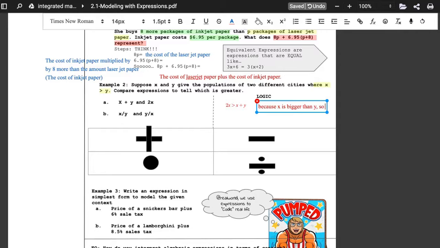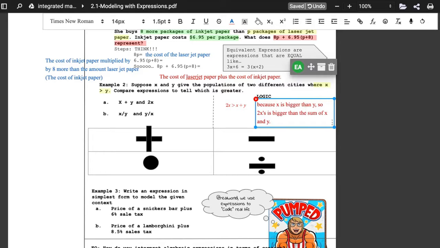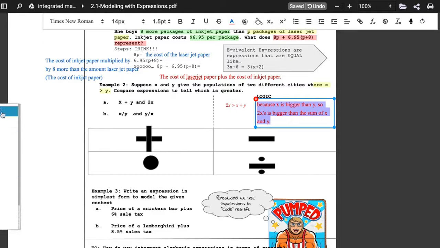So 2x is bigger than the sum of x and y. I'm actually going to make that smaller.